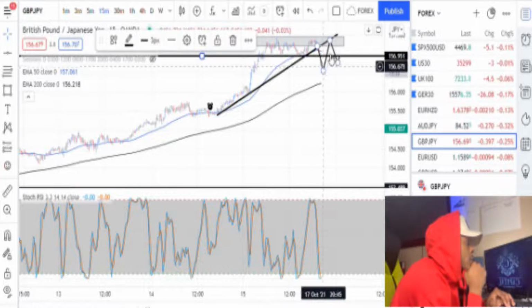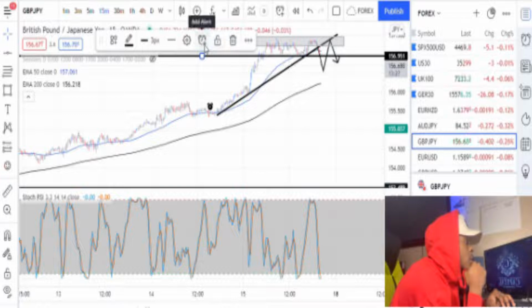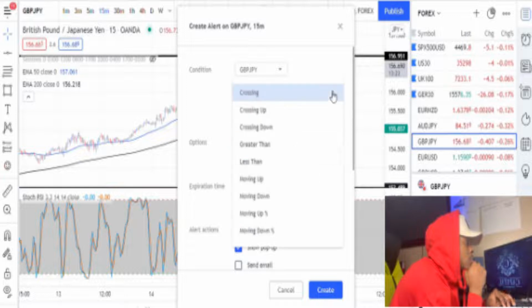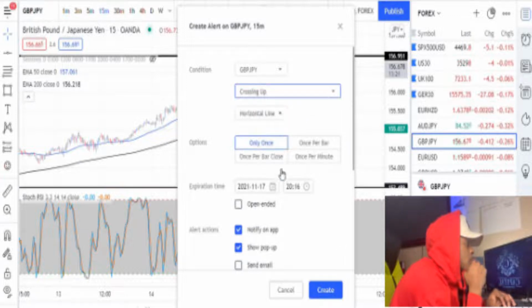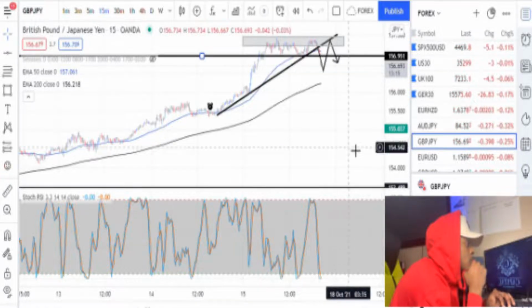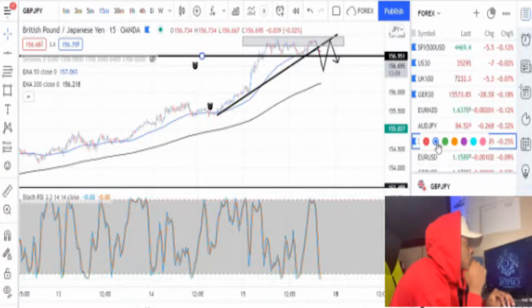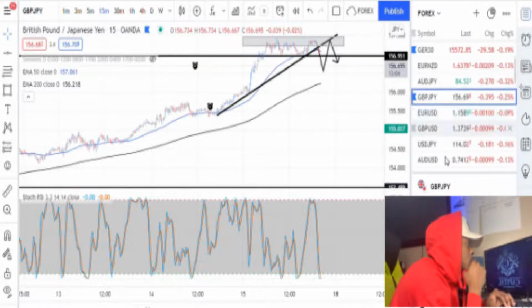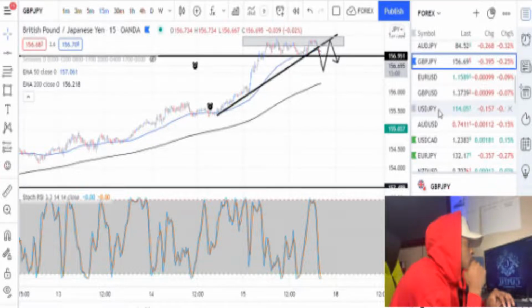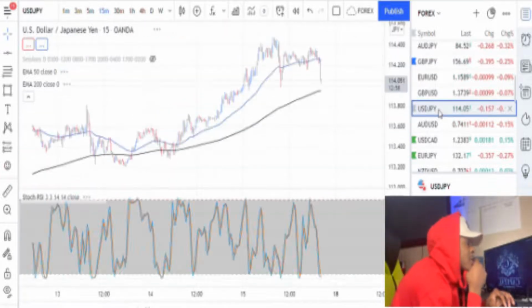And I'm looking for the retest of either the trend line or this support level. So I'm looking for one of those. Got some pretty decent setups tonight, guys.